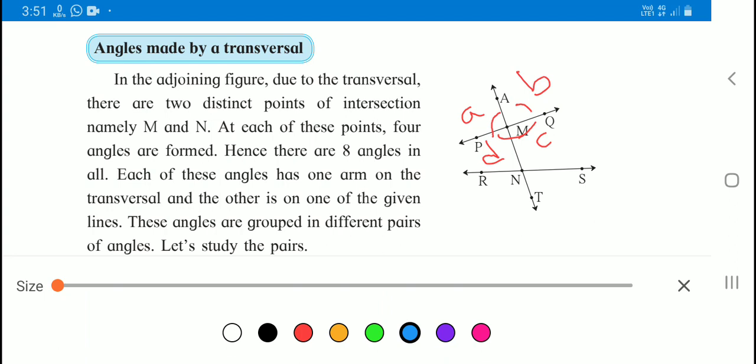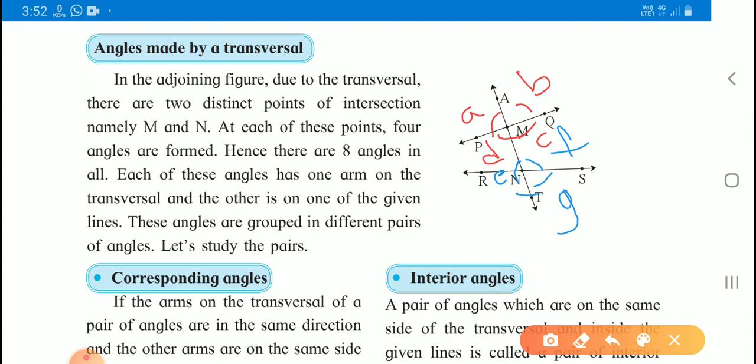Here I will write the angle E, then F, after that G, then H. Now you can see here the angles. This angle we named A, then another B, then C, D, E, F, G and H.